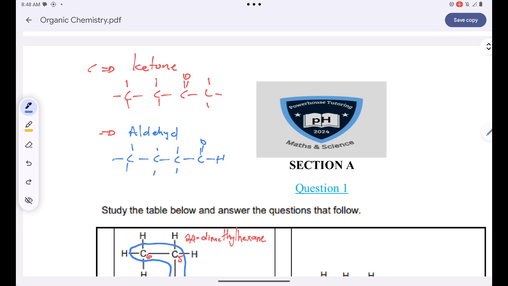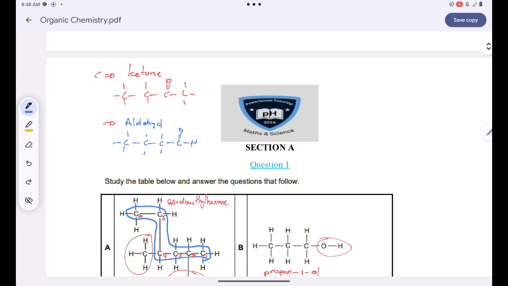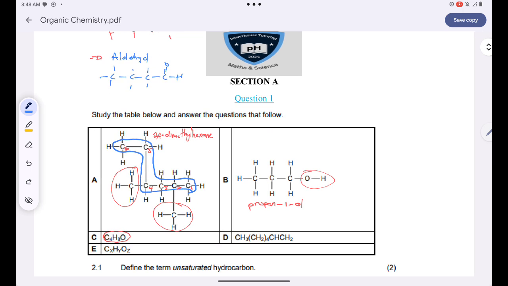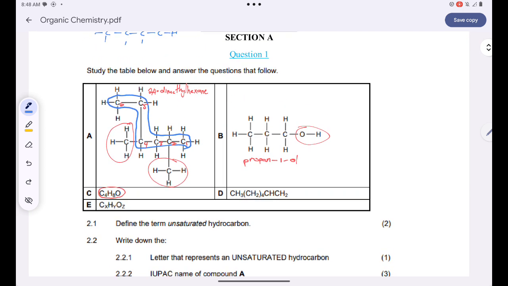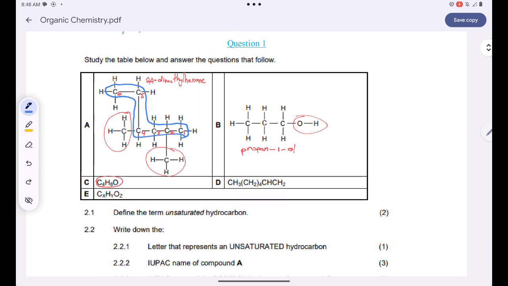If you can see these two compounds, they have the same molecular formula, because if you count the number of carbons, you'll find 4 carbons and 8 hydrogens with 1 oxygen. These two compounds are isomers of each other. Are you together? Remember that isomers have the same molecular formula and different structural formulae. Okay, now let's go to compound D.